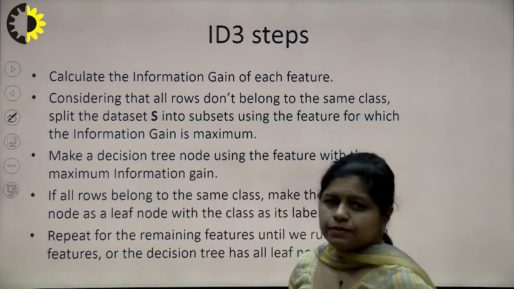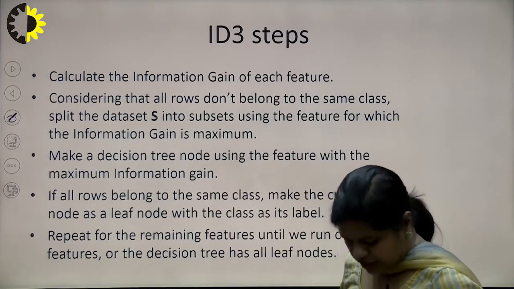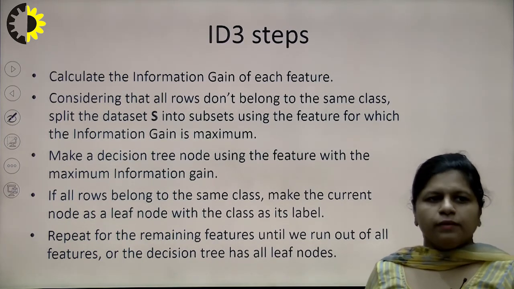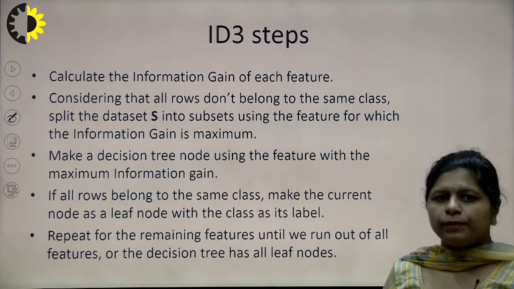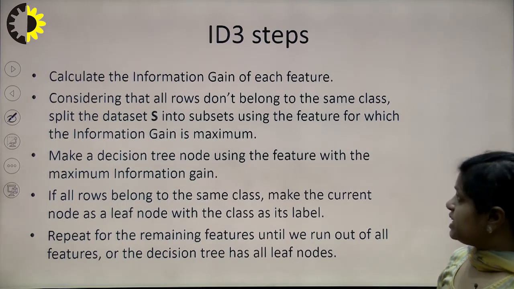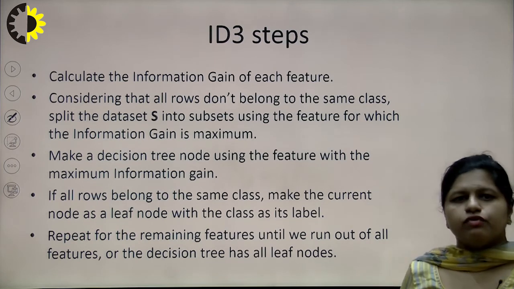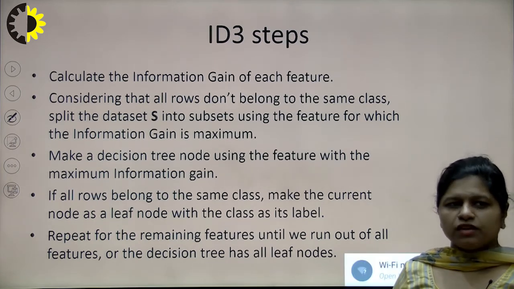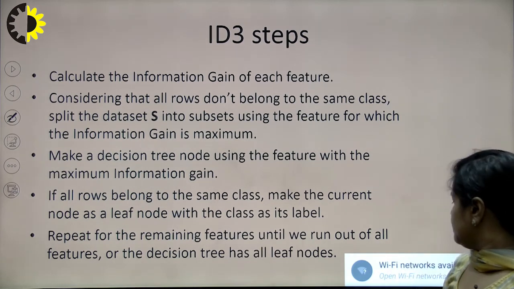What are the main steps in general form for the ID3 algorithm? It calculates the information gain of each feature, considering that all rows don't belong to the same class. Split the data set S into subsets using the feature for which the information gain is maximum. It makes the decision tree node using the feature with the maximum information gain.